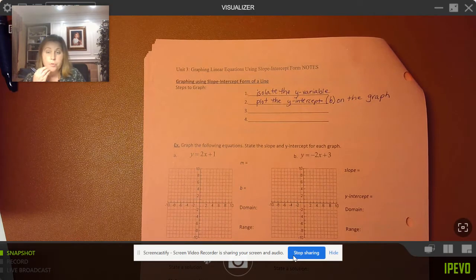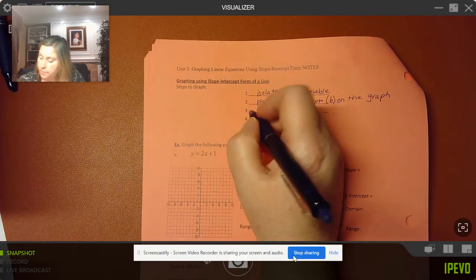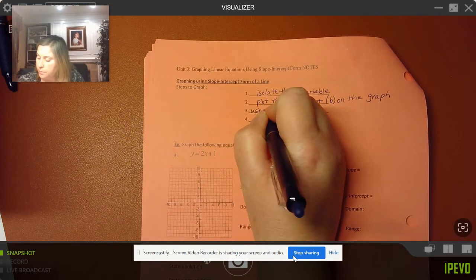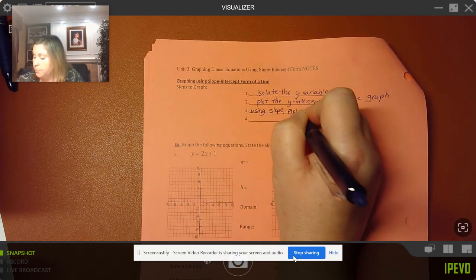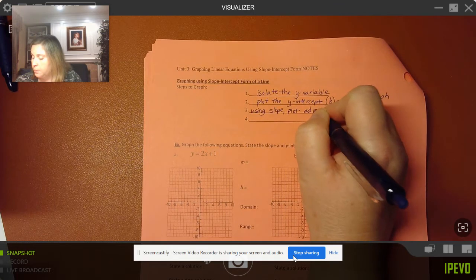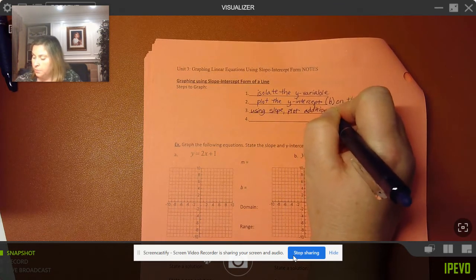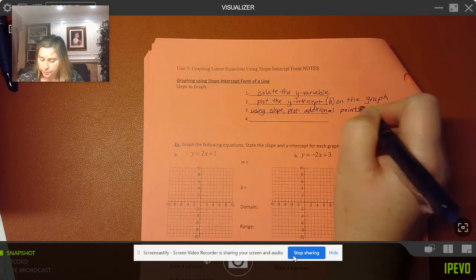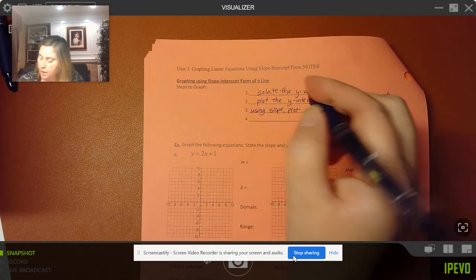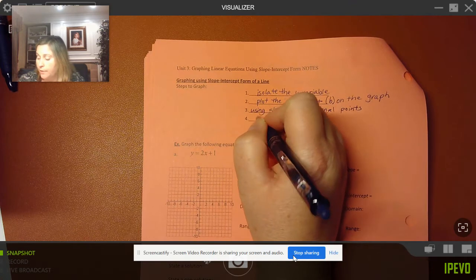Okay, using slope, plot additional points. And then graph the line.